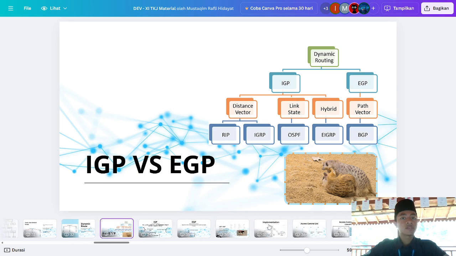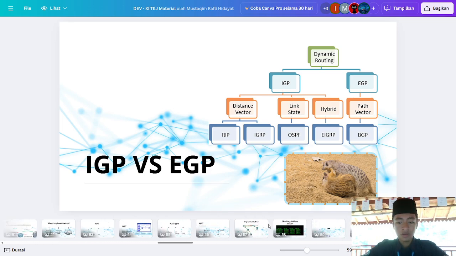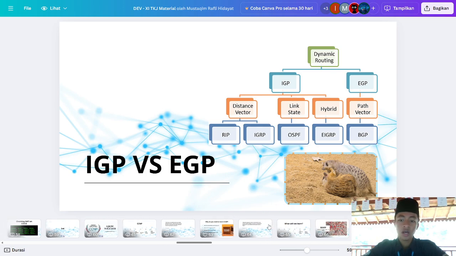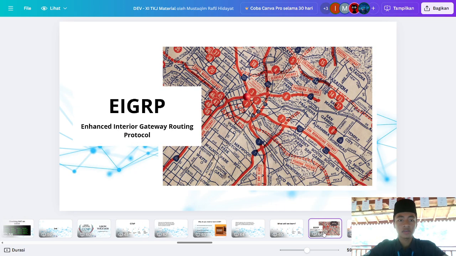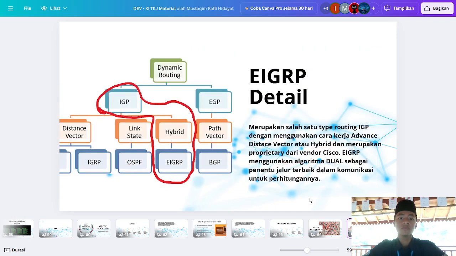And here I'm going to explain CCNP and talk about EIGRP. I'm sorry about that. Enhanced Interior Gateway Routing Protocol. In detail, you don't have to read the slide, I'll explain in English.